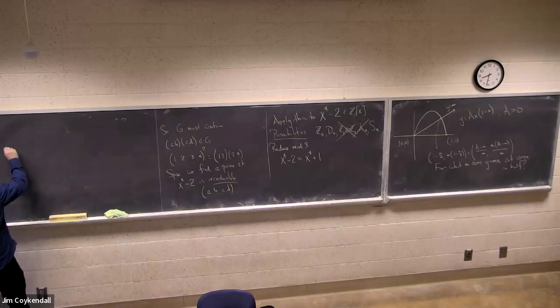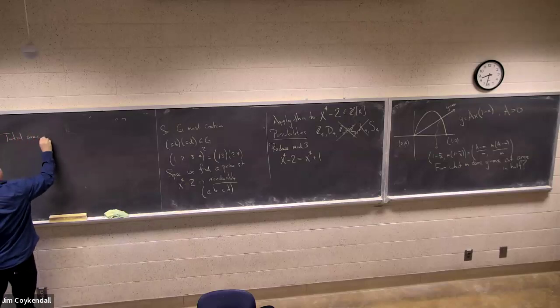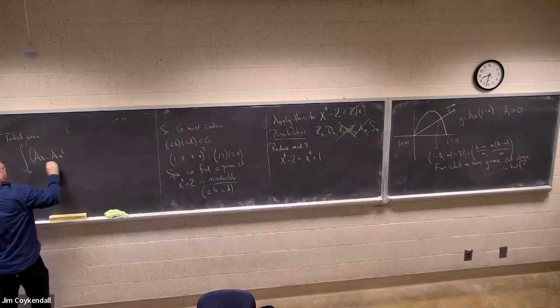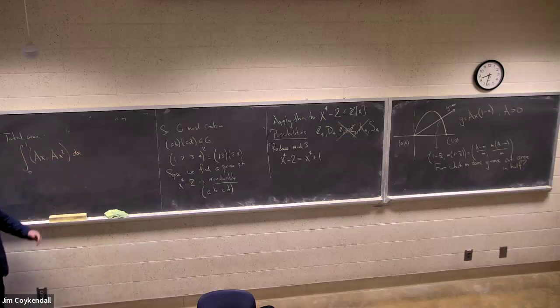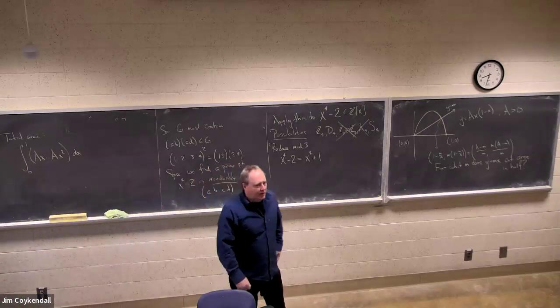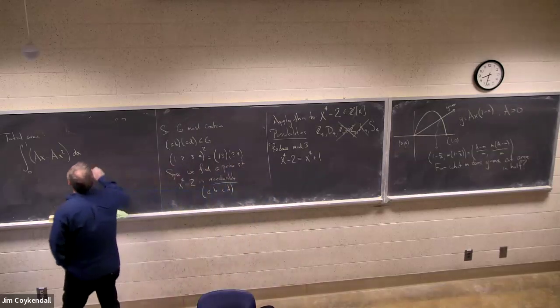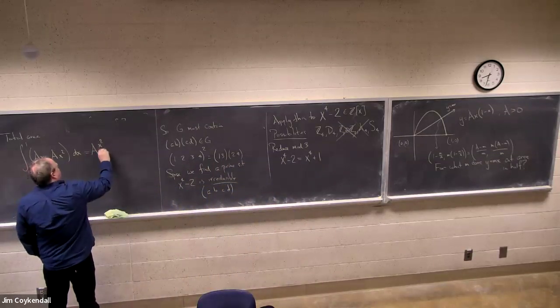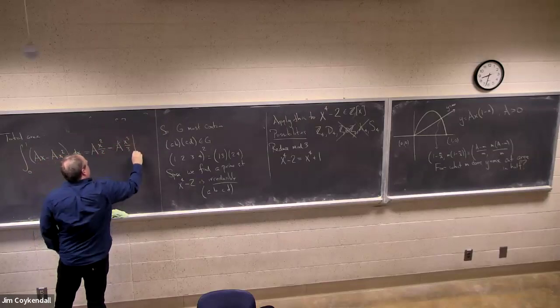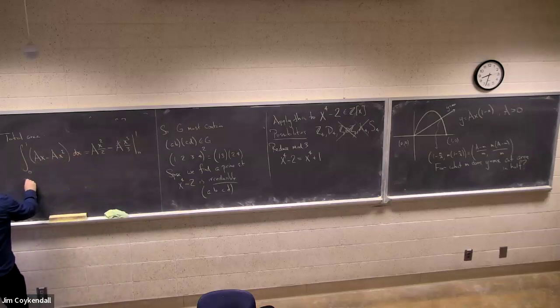So the total area is the integral from 0 to 1 of... just find the area under the curve, the parabola from 0 to 1, and this is a over 6.